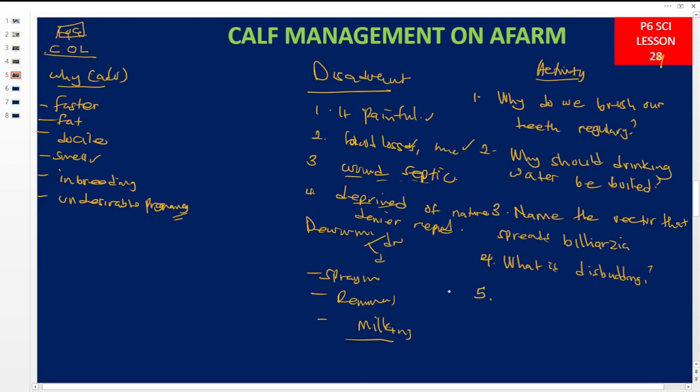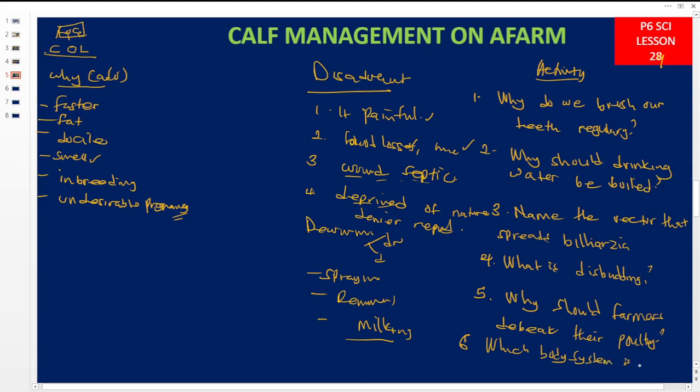Then 5, why should farmers debeak their poultry? Which body system is affected by elephantiasis?